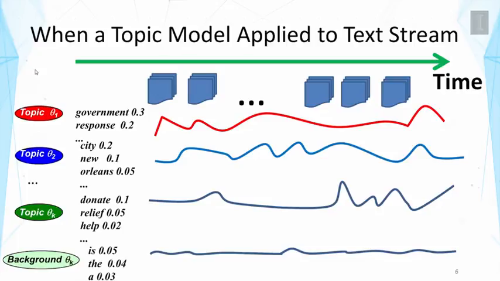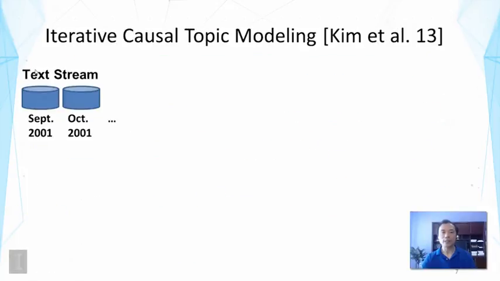So in this work cited here, a better approach was proposed, and this approach is called iterative causal topic modeling. The idea is to do an iterative adjustment of topics discovered by topic models, using time series to induce a prior. So here's an illustration of how this works.